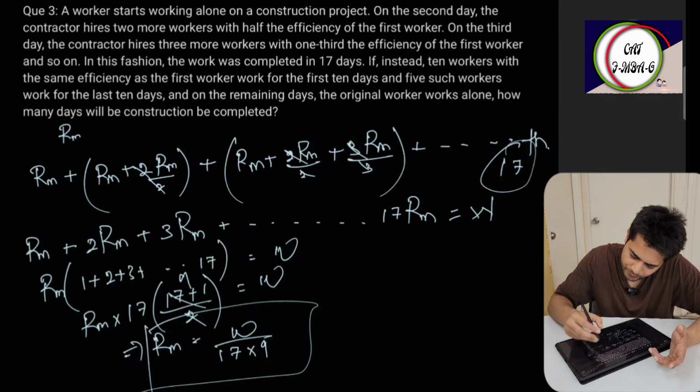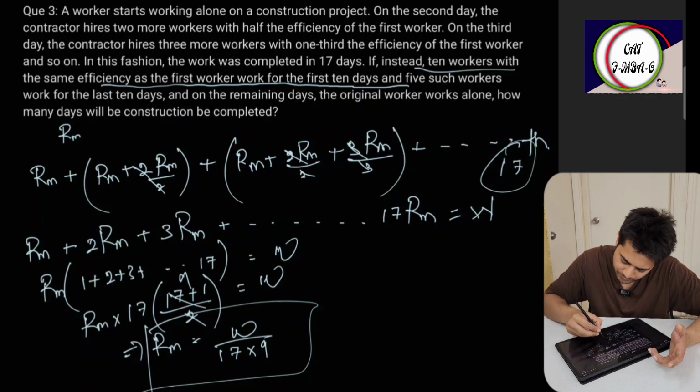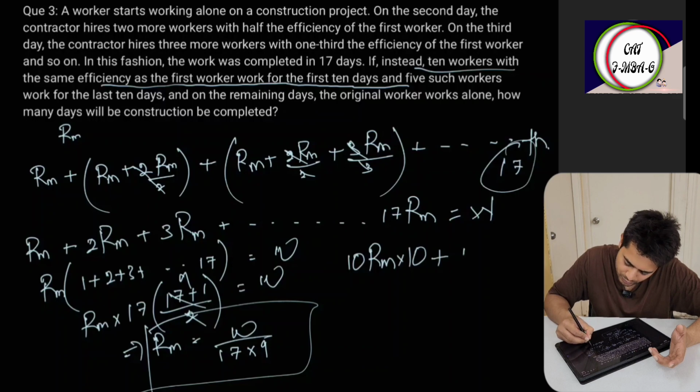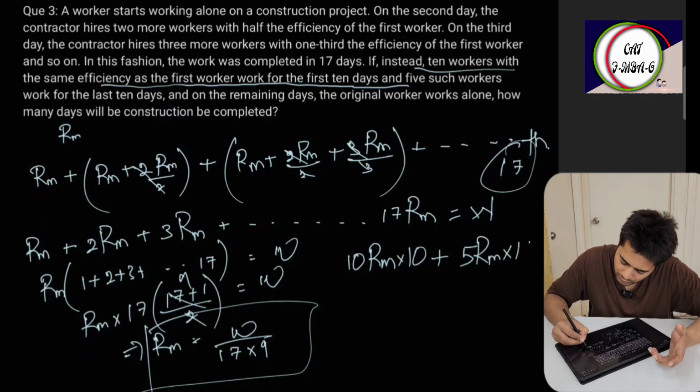This is RM. Okay. If instead 10 workers with the same efficiency as the first worker work for the first 10 days, so 10 into RM into first 10 days, and 5 such workers work for the last 10 days.